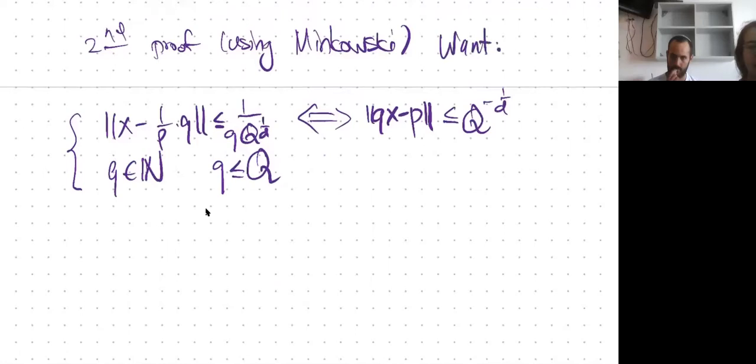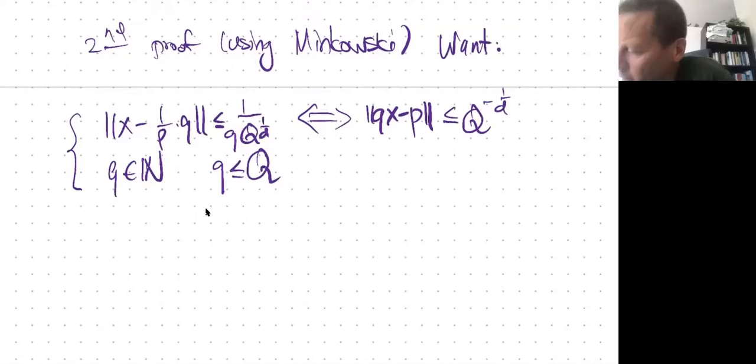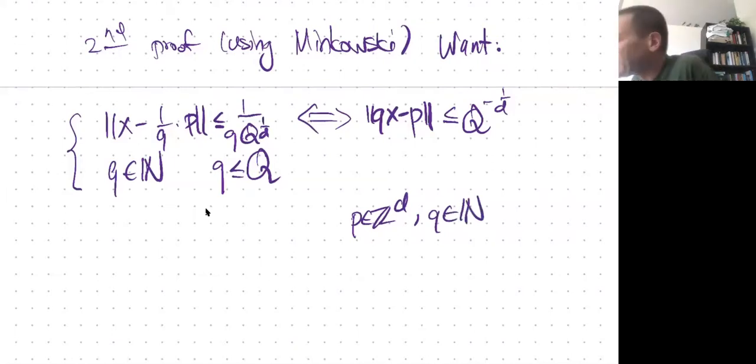Malak, I think on the first inequality there, you have x minus 1 over p times q instead of 1 over q. Ah, thank you. And we want this with p in Z^d and q in N. Okay?